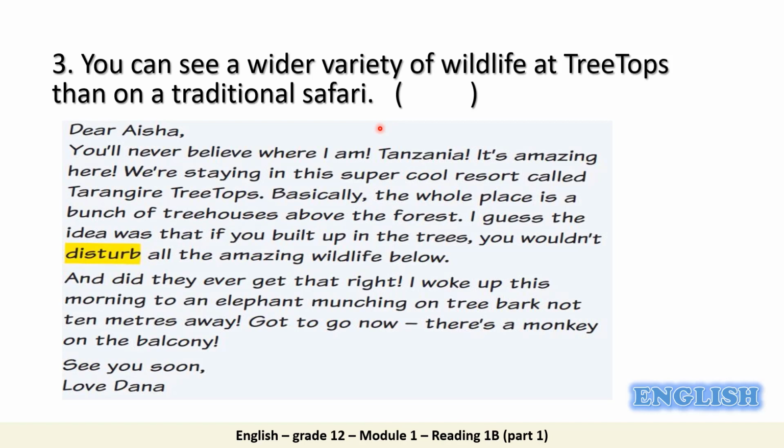And we should find traditional safari or anything that has the same meaning, but there is no mentioning of any of these, and this makes statement 3. What do you think? Yes, it is not mentioned. Well done.